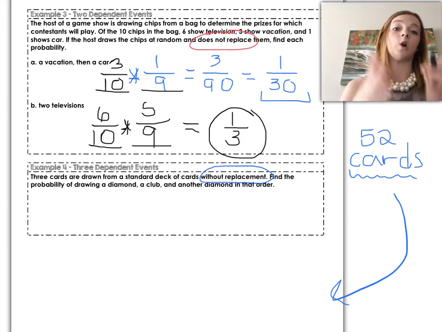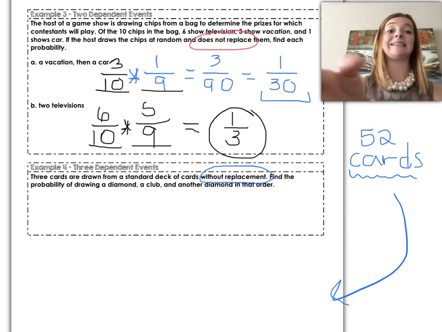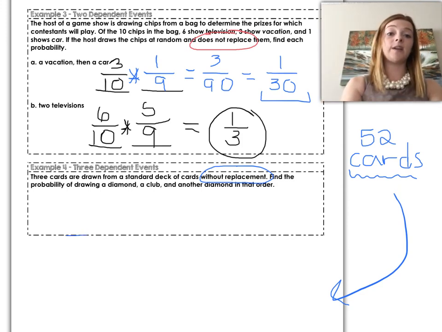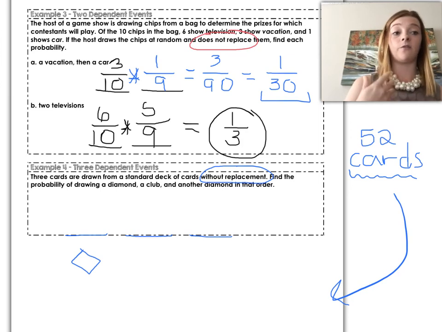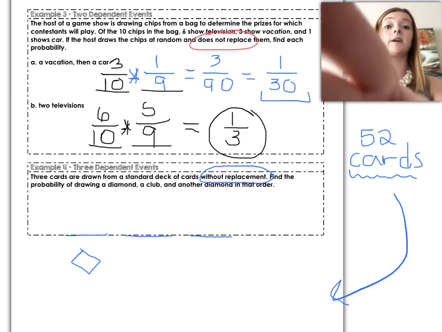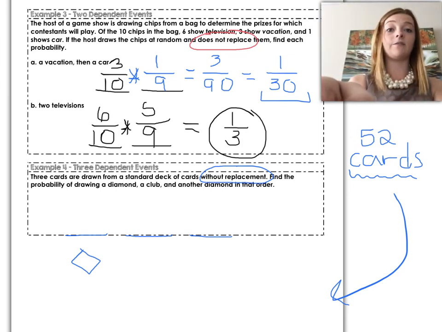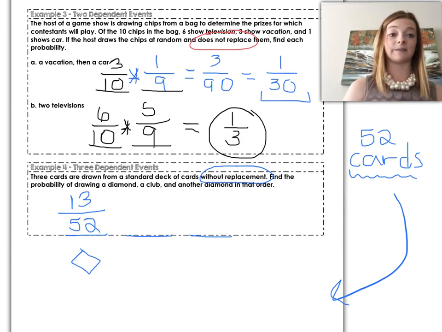Find the probability of drawing a diamond, a club, and then another diamond in that order. So there are 3 events that occur, okay? The first event is me drawing a diamond, okay? Well, diamond is one of the 4 suits in a deck of cards, and there are going to be a total of 13 diamonds in that deck of cards out of the 52 cards that exist, okay?